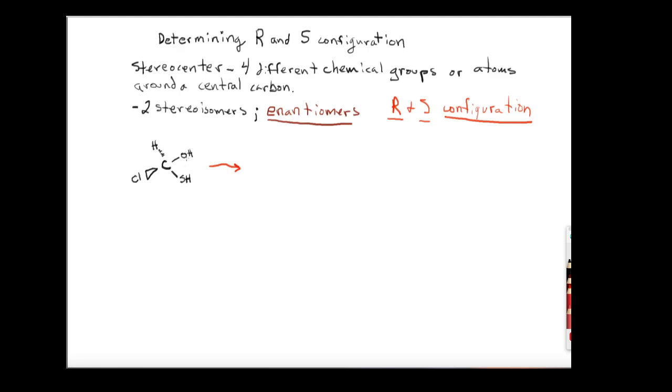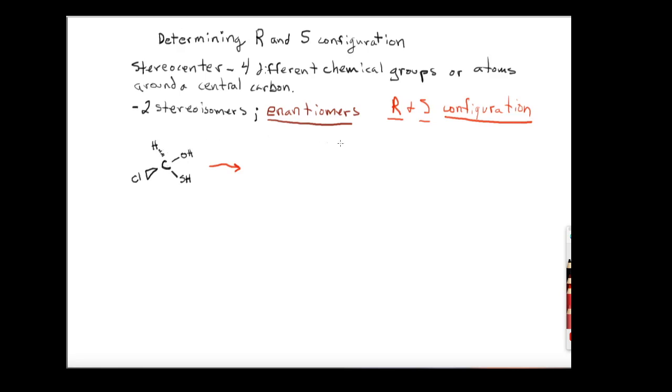In the case of the hydroxyl, there are two atoms, but the carbon is bonded directly to an oxygen. For the sulfhydryl, it's a similar situation: the carbon is bonded directly to the S, and then the S to the H. So we compare the priority of each of these initial atoms, the ones bonded directly to the central carbon.